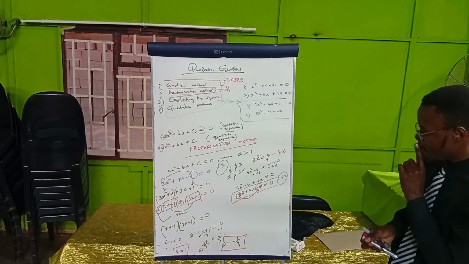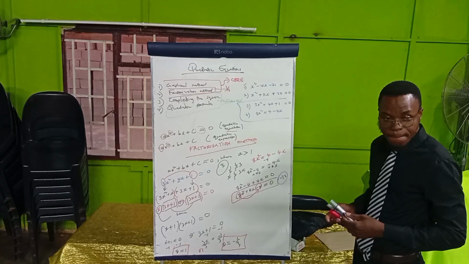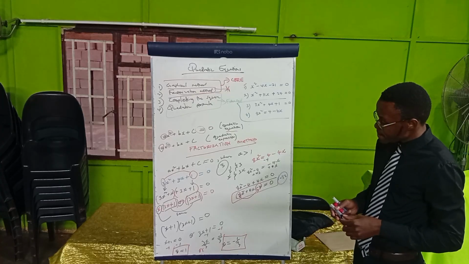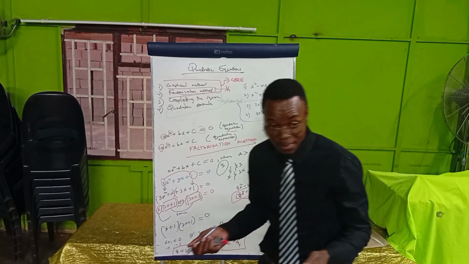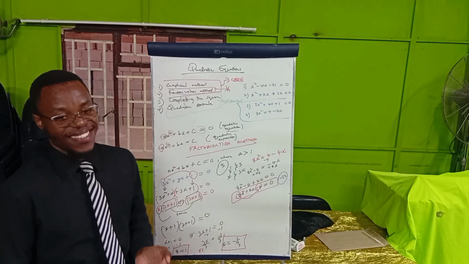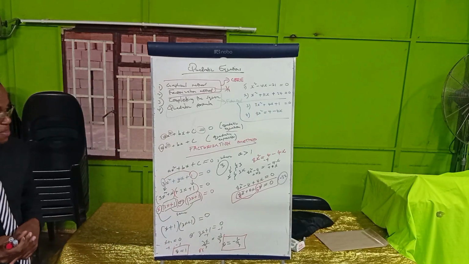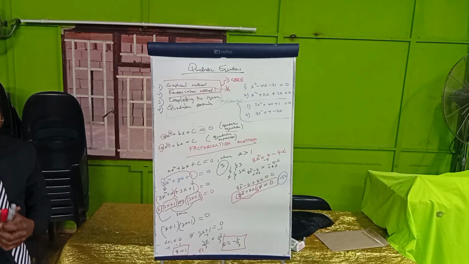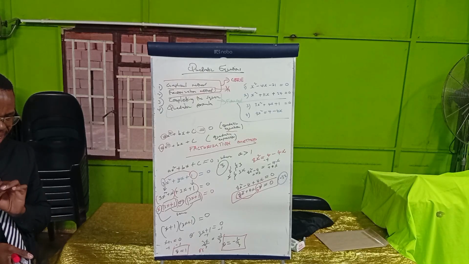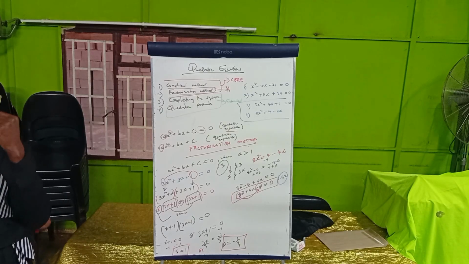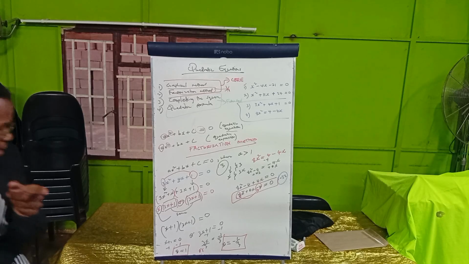What are those? I already have them in mind, but I want you to give me the values. Two factors which when you multiply, you get negative 32, but when you add, you get positive 4. Negative 4 and 8. Exactly.